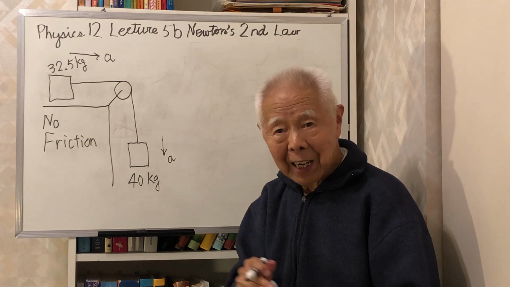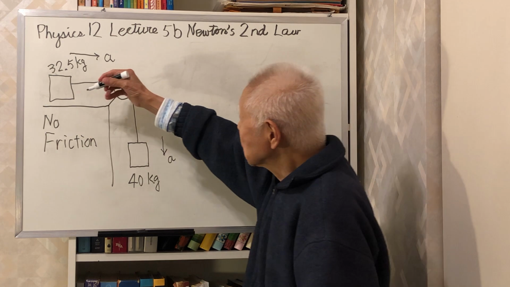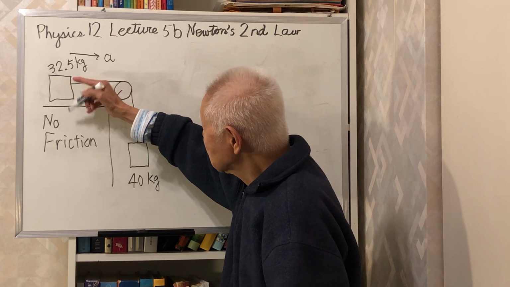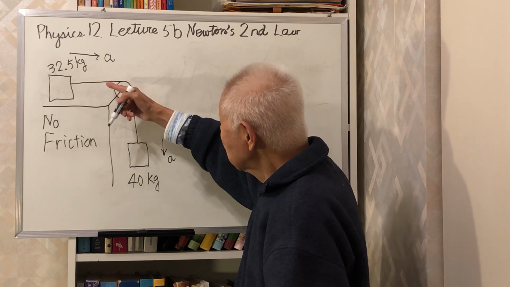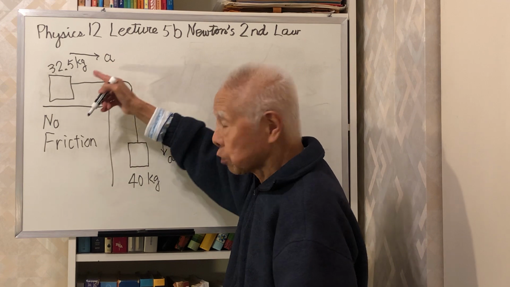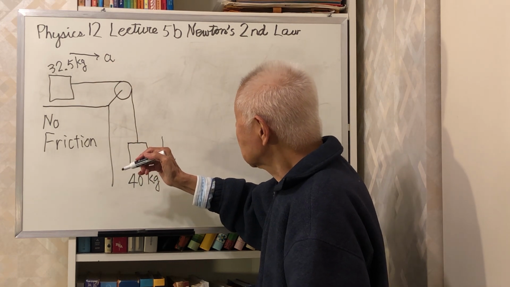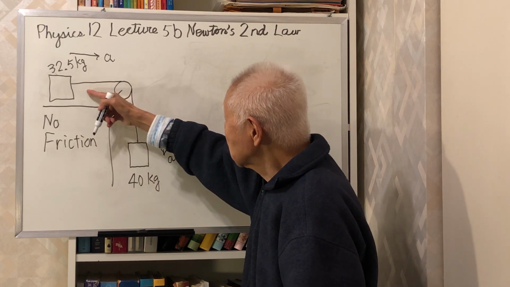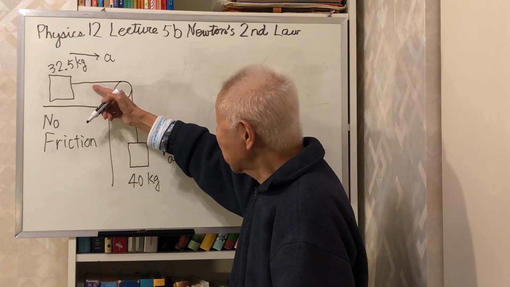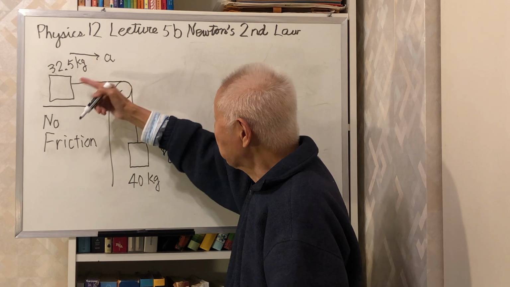What causes the acceleration? The force of gravity is down for this block, but the motion is this way. Therefore, the force of gravity does not cause this acceleration, right? But the tension on the rope is pulling, therefore the tension is the cause of the motion.